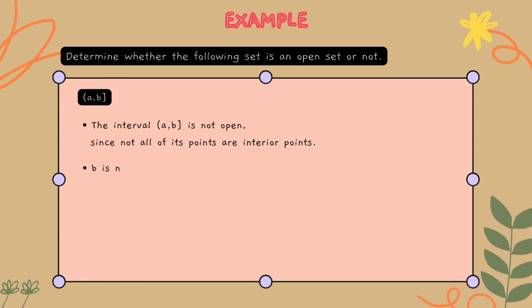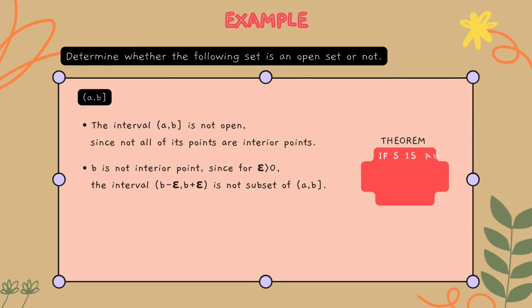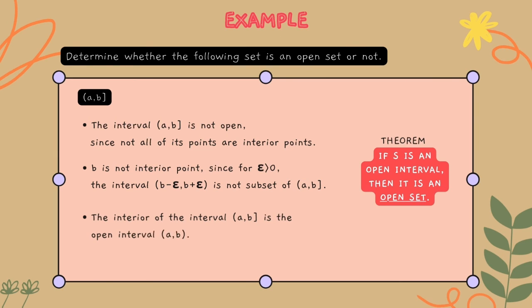We could say that the point b is not an interior point of (a, b], since for every epsilon greater than 0, the interval (b minus epsilon, b plus epsilon) is not a subset of (a, b]. Therefore, with arguments similar to the proof of the theorem in subtopic 3.2, which states that if S is an open interval, then it is an open set, we find that the interior of the interval (a, b] is the open interval (a, b).